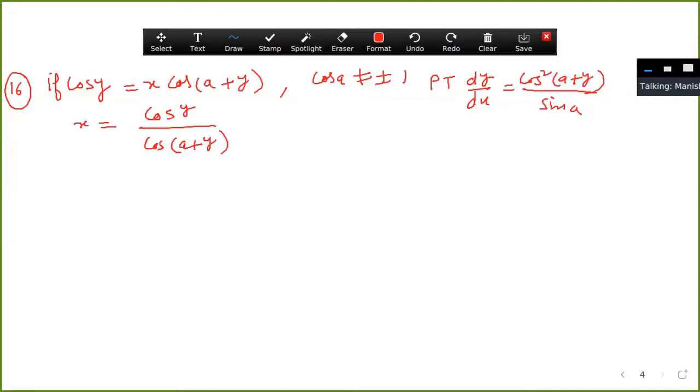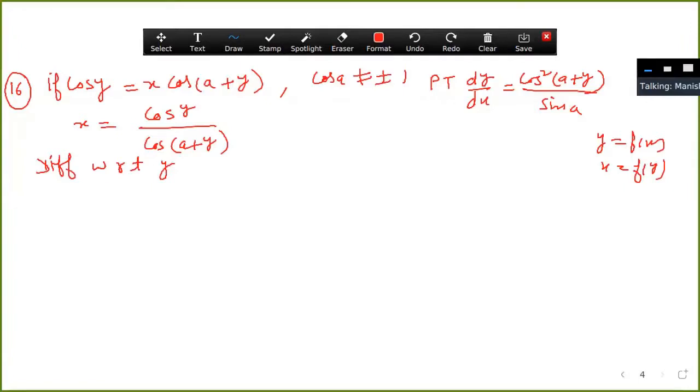Because this is a function where x is equal to f of y. In previous questions, we just wrote y is equal to f of x function. Here I have written x is equal to f of y function. So differentiate the function with respect to y. Okay.